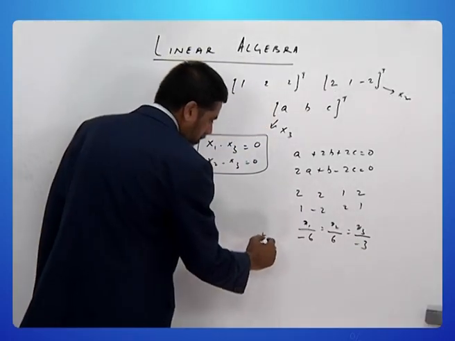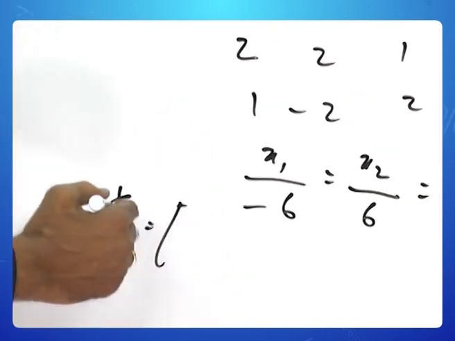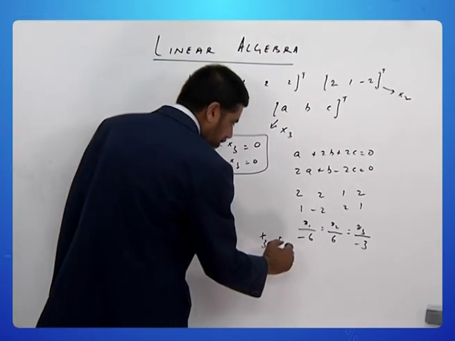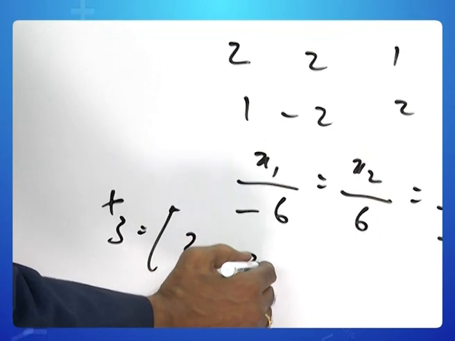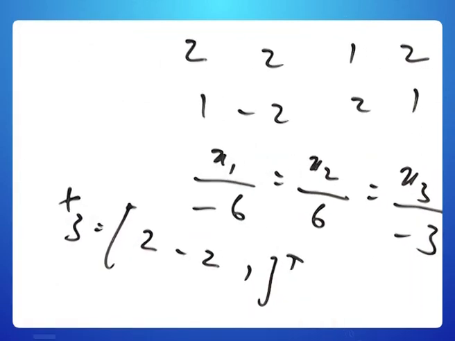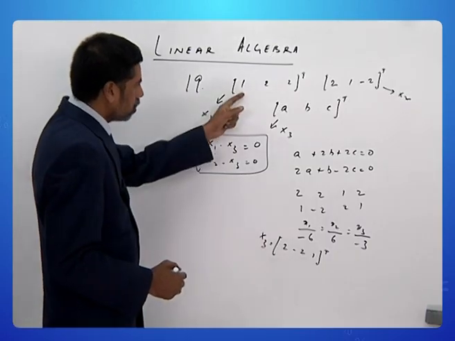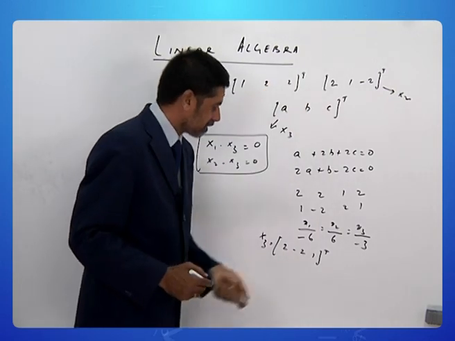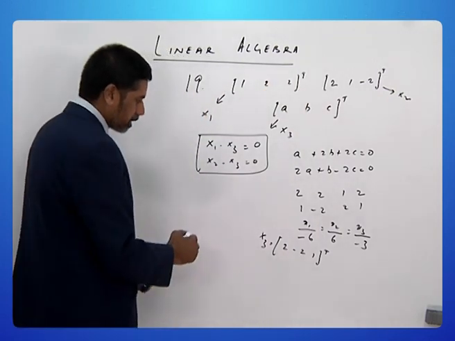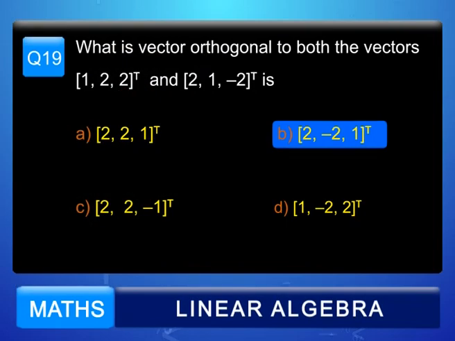And you can rescale it: 2, minus 2, 1 transpose. So this is the vector which is orthogonal to both these vectors. So it is a simple vector algebra principle, and you can see the correct option for this problem is B.